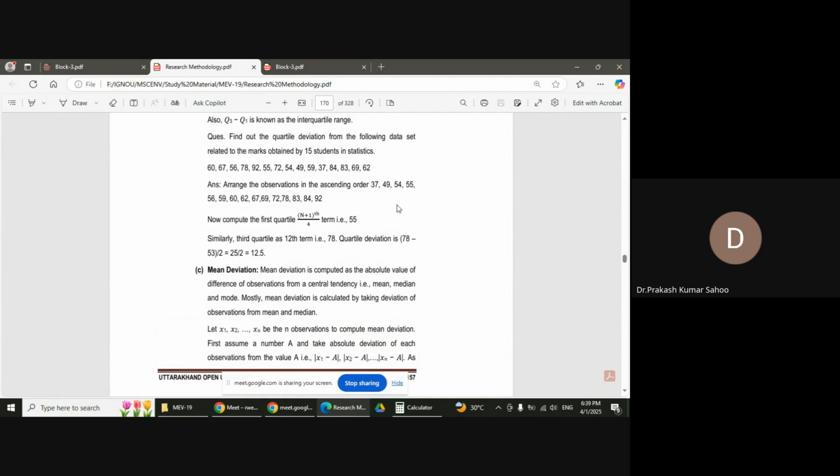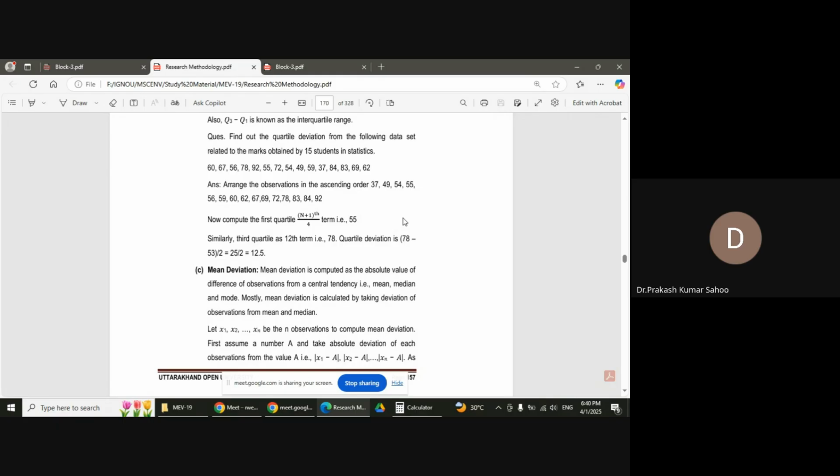Here we have 15 students, that means I have 15 data points. Then how will I calculate the first quartile? If it is odd, that means it is 15 plus 1 divided by 4. Just remember, we have 4 quartiles.